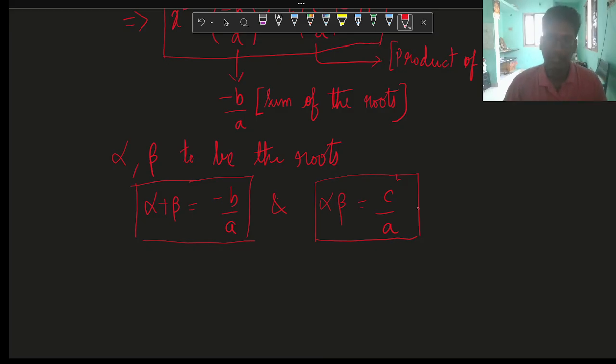It behaves in such a way, and this is a very important property. With this, you could either construct the quadratic equation or deduce the roots. In both ways, you could use this. So yes, this is really important.